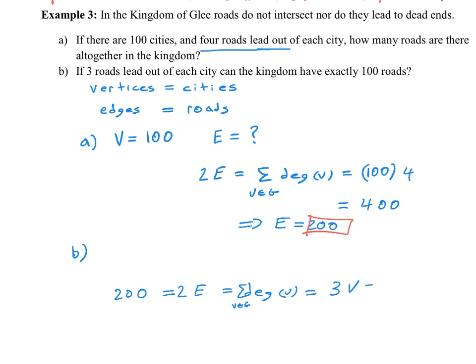So on the right-hand side, if we take that number into mod 3, we have 0. But on the left-hand side, if we take the 200 into mod 3, we get 2. So again, we have a contradiction with the parity theorem. So the connection here is not possible because there is no such graph.